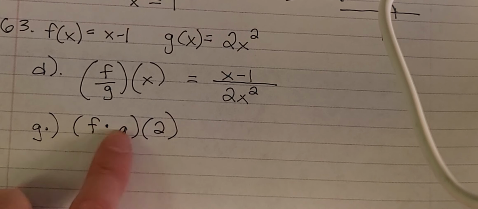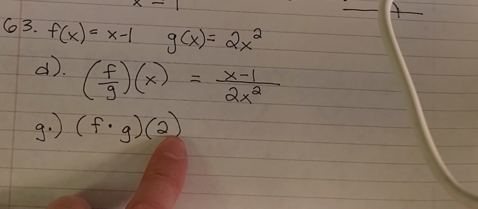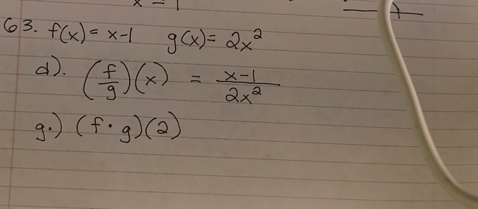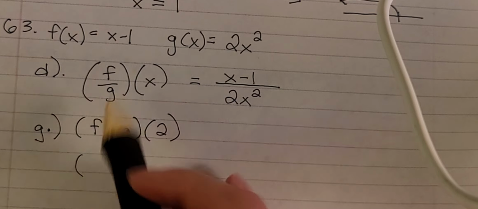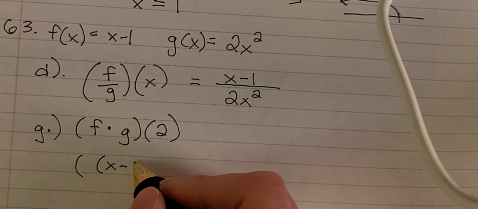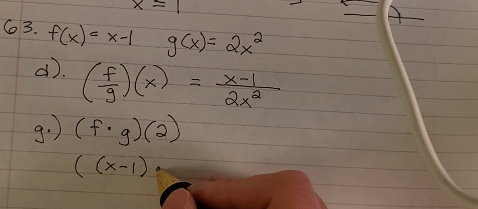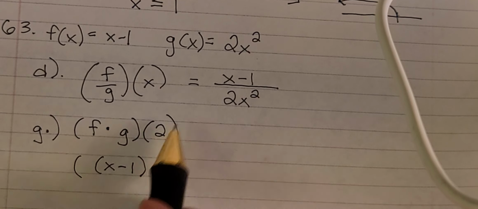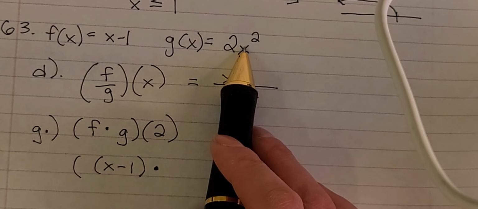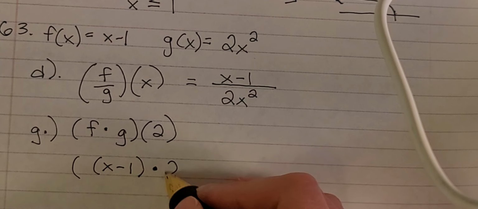When you get your answer for that, then you're going to plug 2 into that equation that you got. Okay, so we're going to start with the f, which is x minus 1. You're going to put your dot there, coming from there. Your dot means times. Your g is 2x squared.